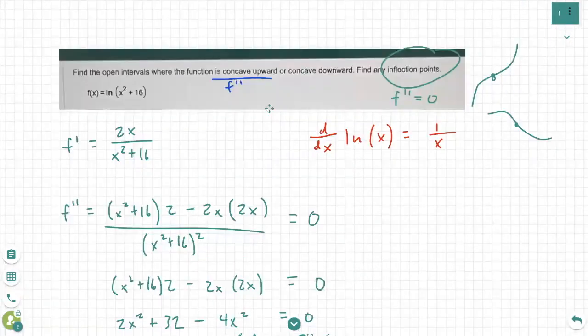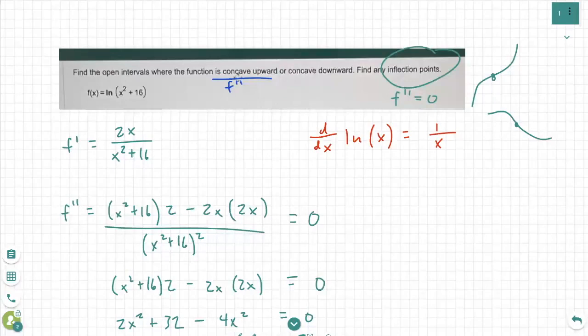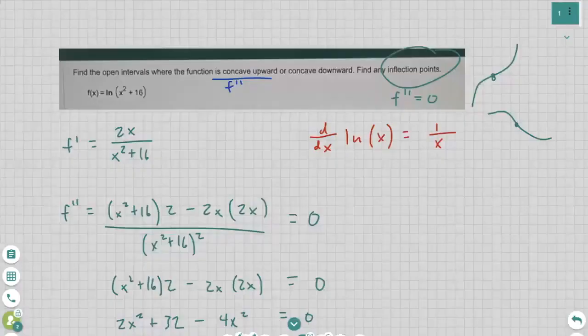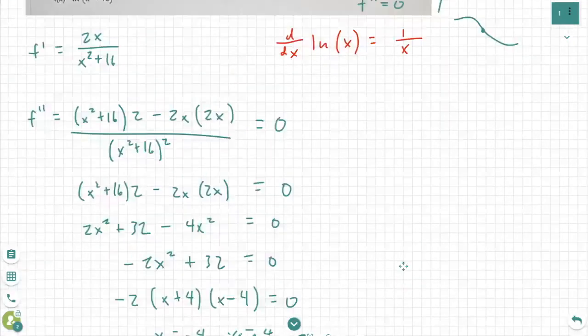And do you know what it means when a function is concave up or concave down? What does the second derivative have to be in order for the function to be concave up? Is it positive? Yeah, concave up means the second derivative is positive, and the opposite, concave down, means the second derivative is negative. Do you know how to find when that occurs? We can set up a number line, right?